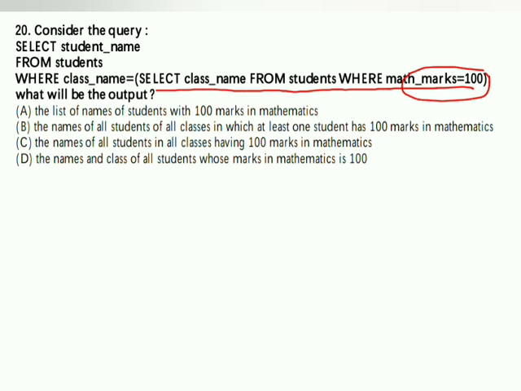And the outer query will display the student names of the classes retrieved by the inner query. So option B is the correct answer: the names of all students of all classes in which at least one student has 100 marks in maths.